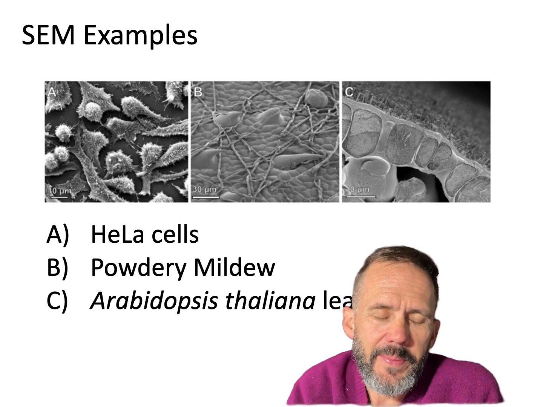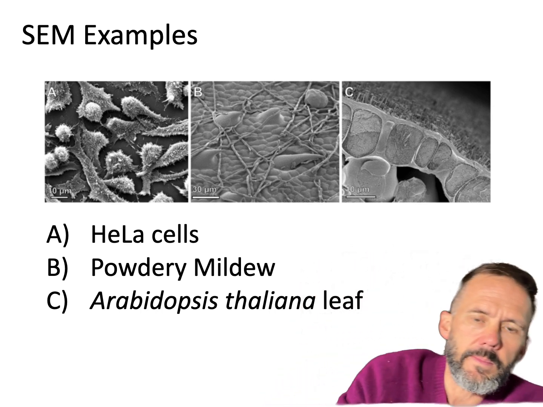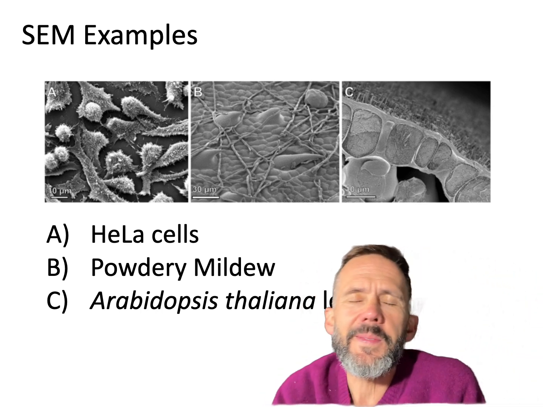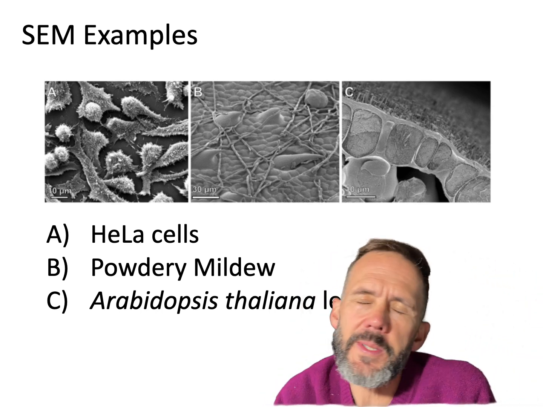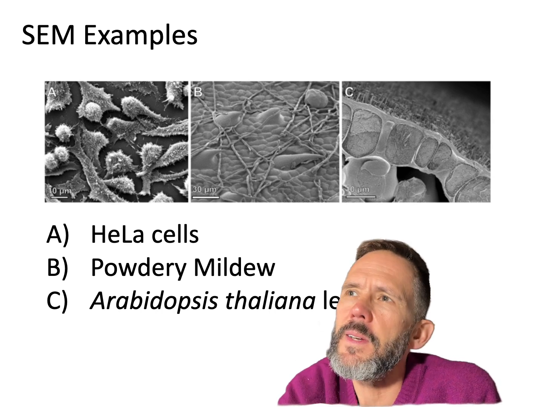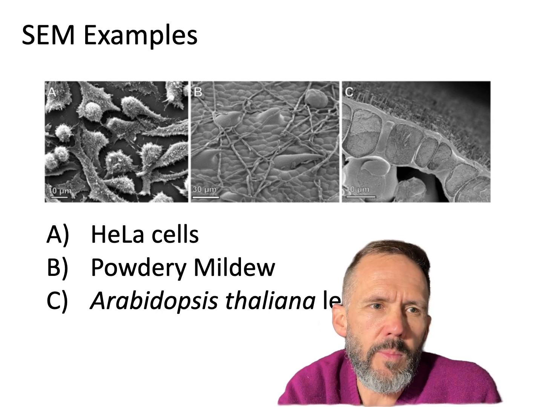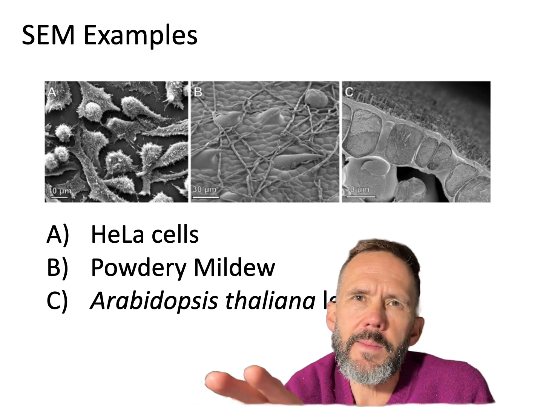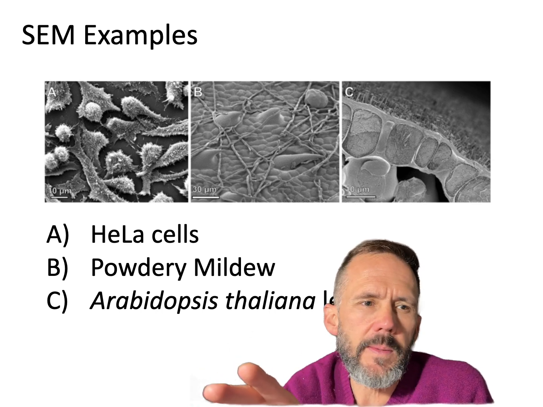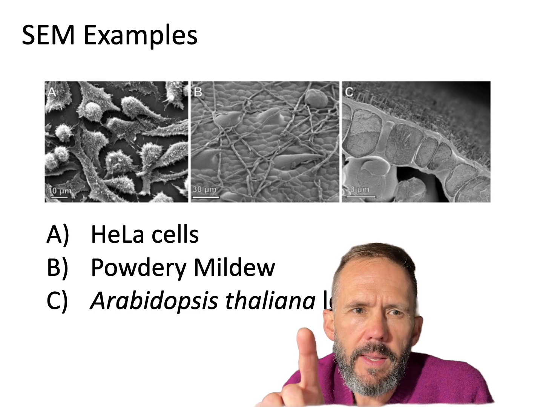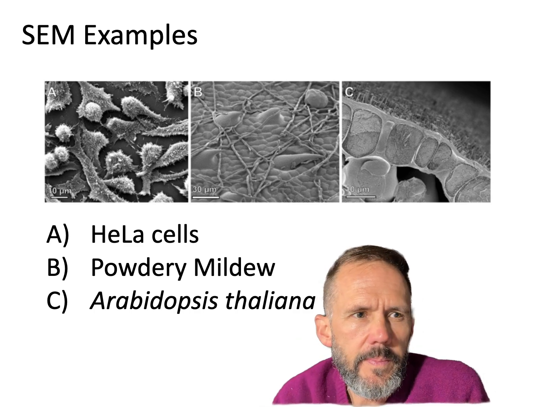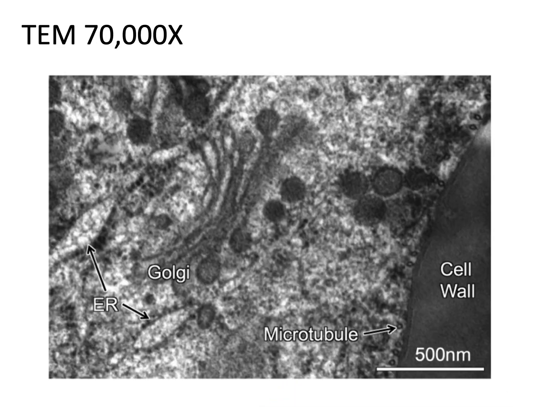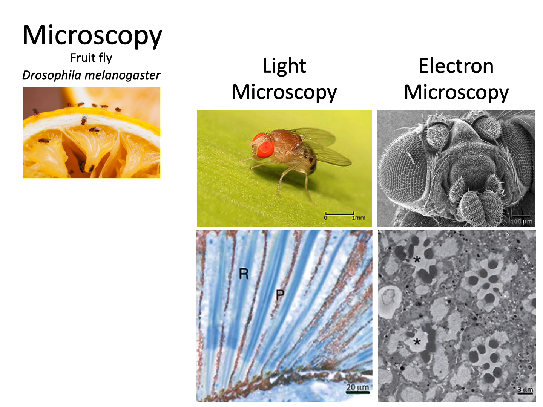Powdery mildew, and then Arabidopsis is very common. Our fluorescence talk from last week was relative to the tobacco plant. I was thinking maybe it was Arabidopsis because it's such a common plant science model system, but that's shown there in C.